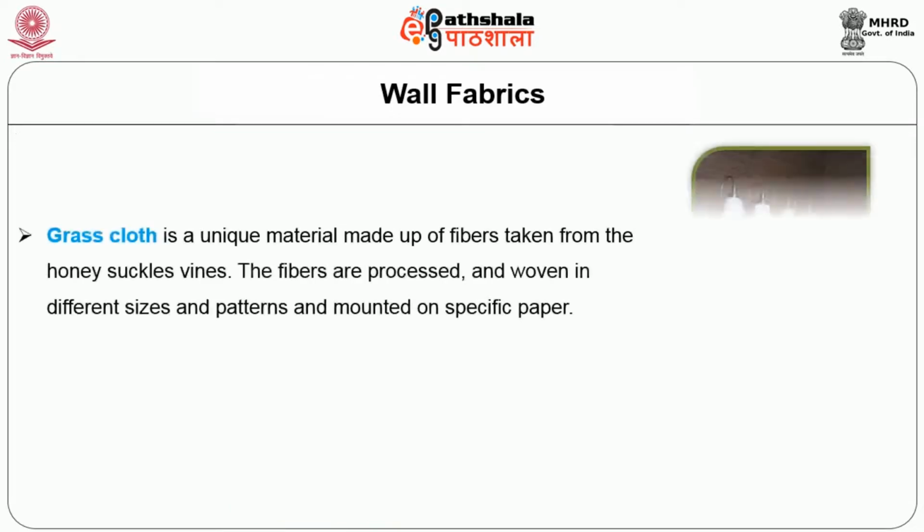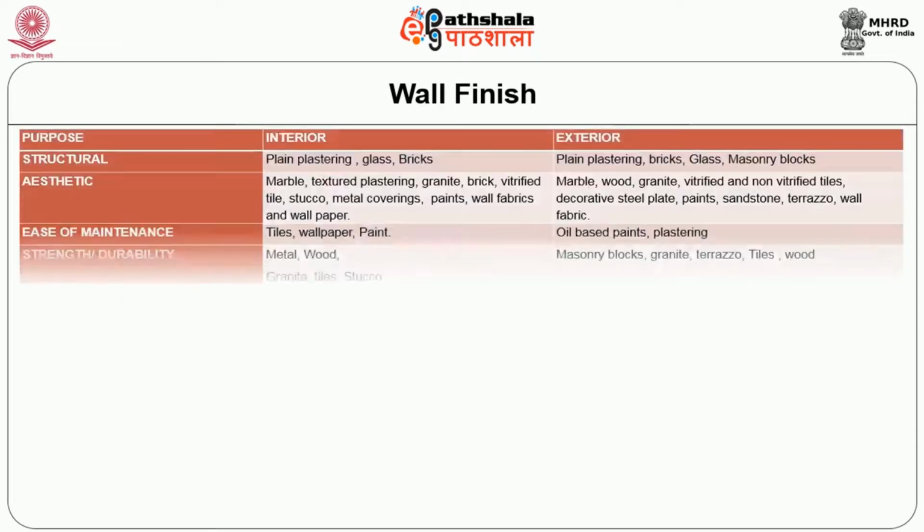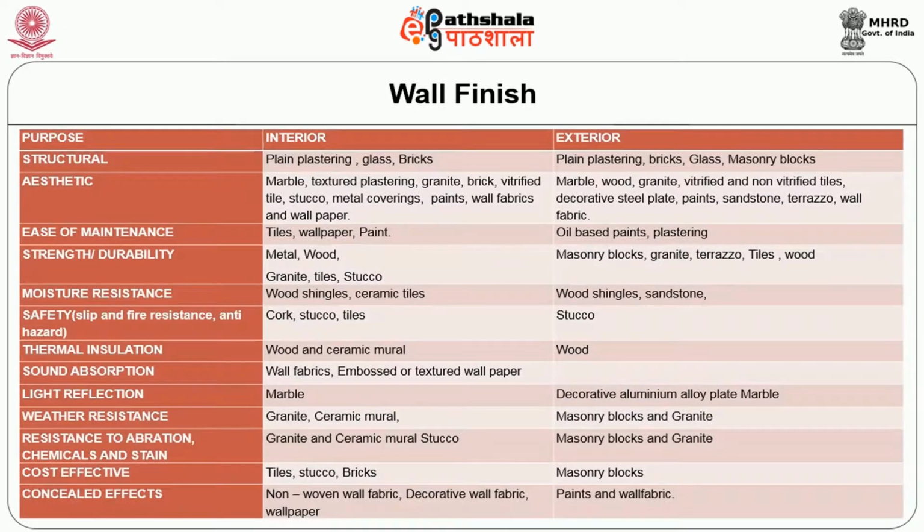Grass cloth is a unique material made up of fibers taken from the honeysuckle vines. The fibers are processed and woven in different sizes and patterns and mounted on specific paper. The table below shows the different types of wall finishes based on their purpose that could be used in interiors as well as exteriors.